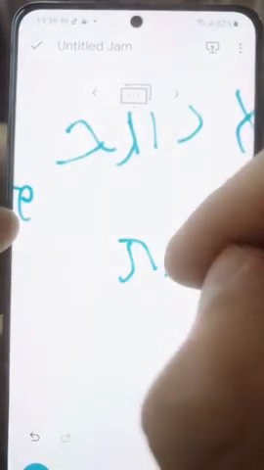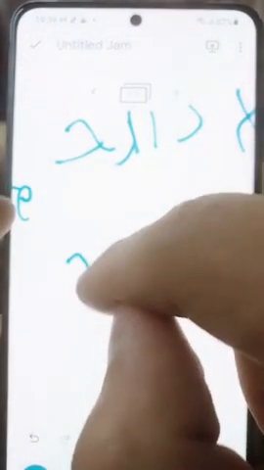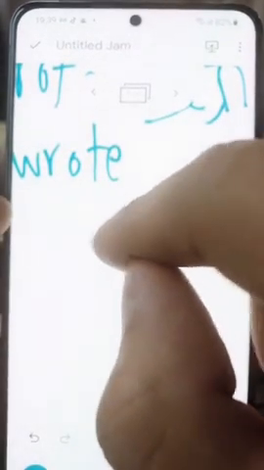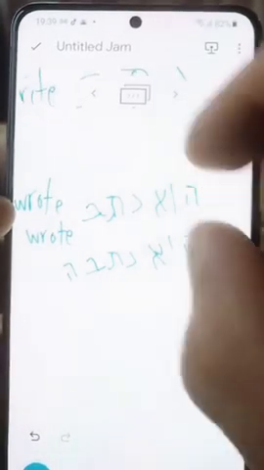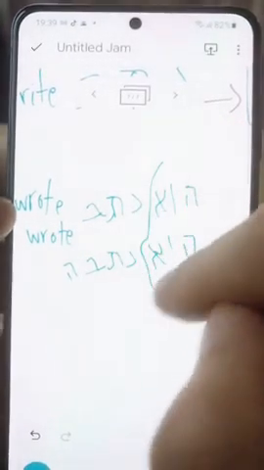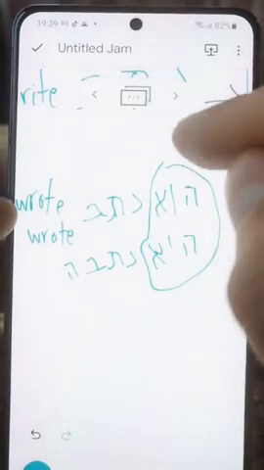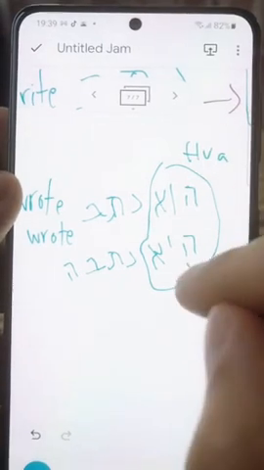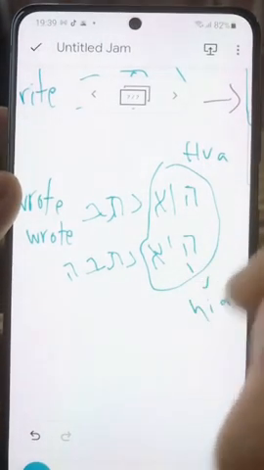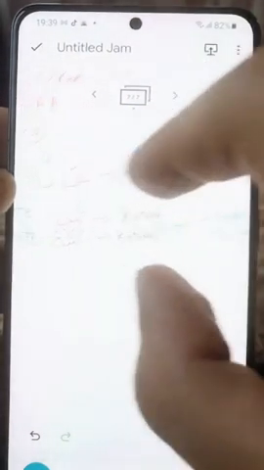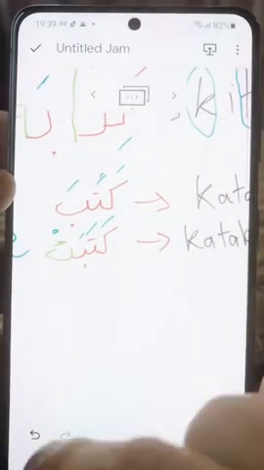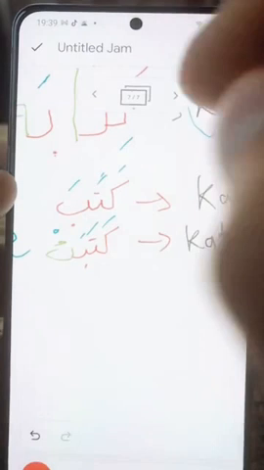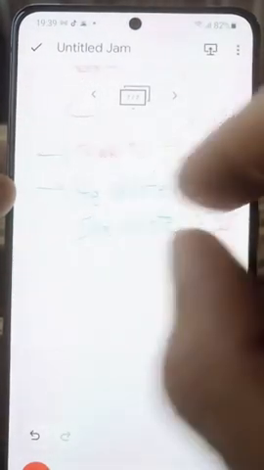So we finished to write, and he wrote, she wrote. We go to book. Let's separate. Book. Let me write the root. So book, it's kitab.